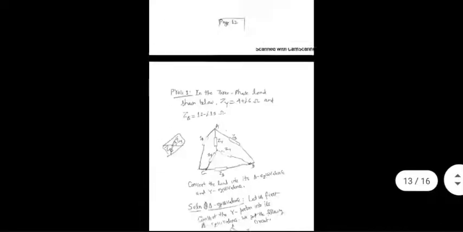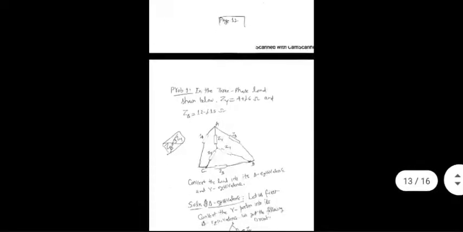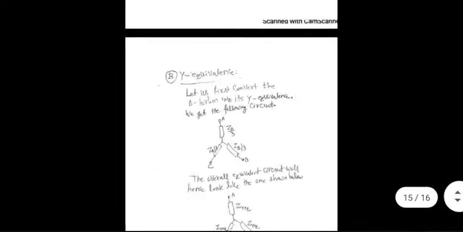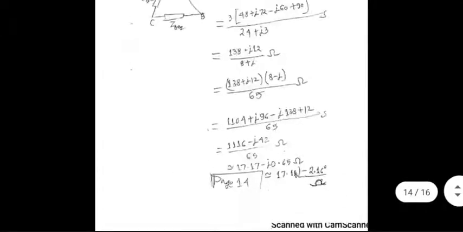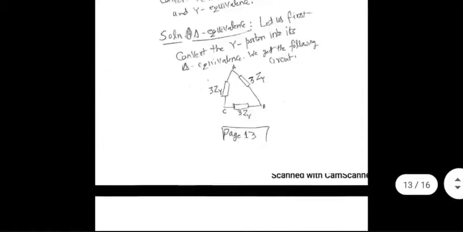Interesting. Okay, let's complete this. If you had to do Y equivalence, you will take the outer part of the load and convert it into equivalent Y load. So that converts to this. And then, of course, this goes in parallel with the Y load inside the load.